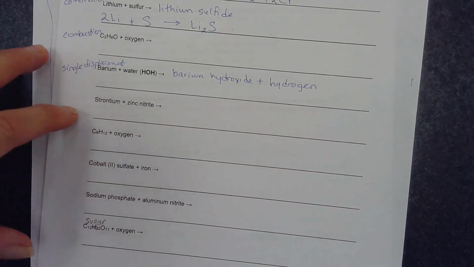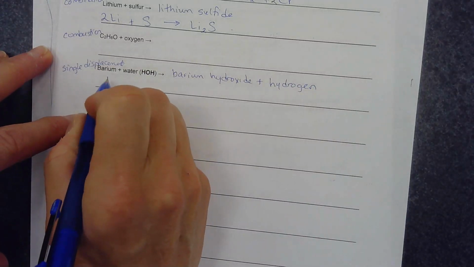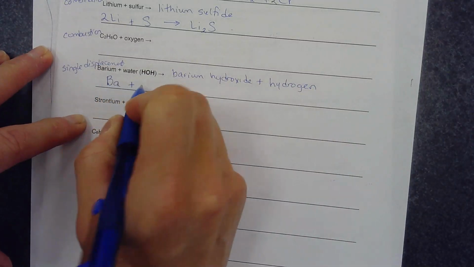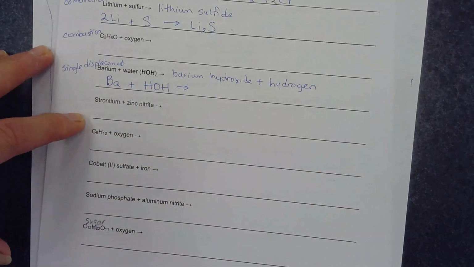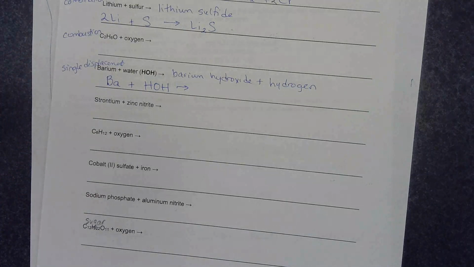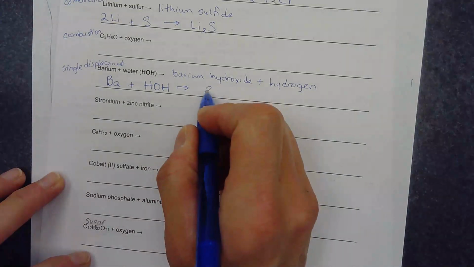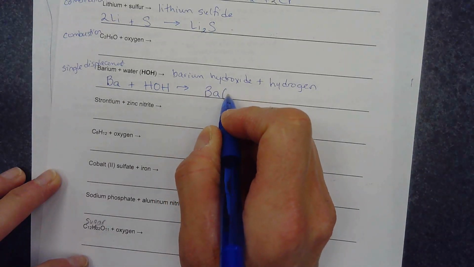So what's the formula for barium? Ba, water's HOH. Finish it up. So Ba what? Say it again. Not just OH.